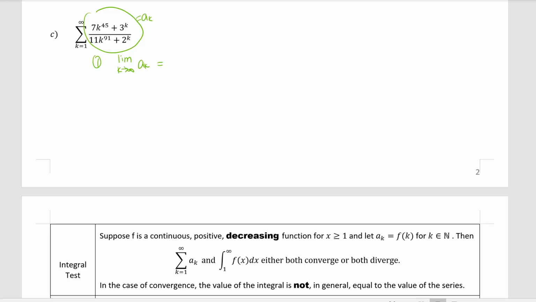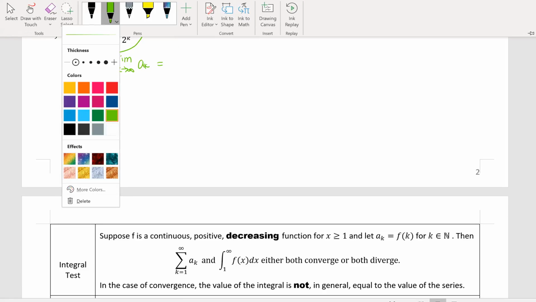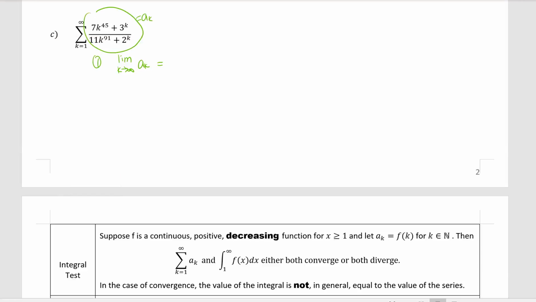So the limit of the sequence, what is that? Well, we look at the dominant terms. Is the power function dominant or the exponential function dominant? The exponential is dominant. So the dominant term of the numerator is 3 to the k, and the dominant term of the denominator is 2 to the k. So we get the limit of 3 to the k over 2 to the k. You don't just plug in infinity here, because you get infinity over infinity.